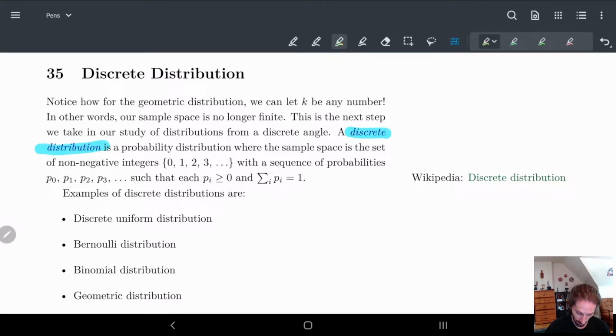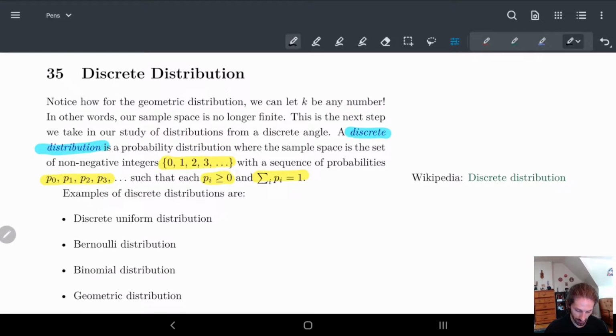And each of these is going to have some probability associated to it. Because it's a distribution, we need each of these to be greater than or equal to 0, and we need the sum of all of them to be equal to 1.